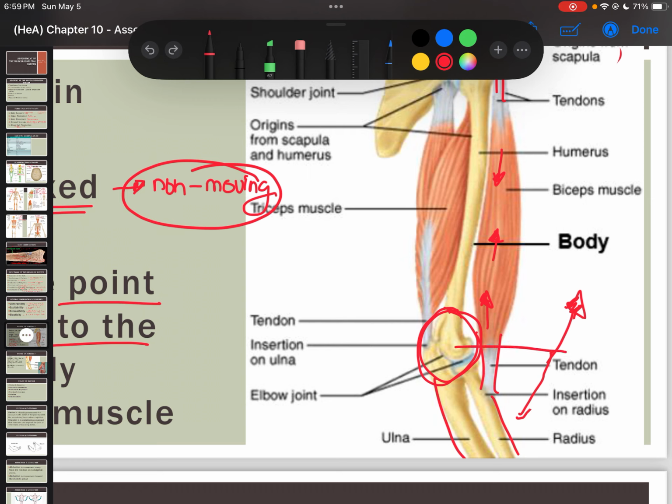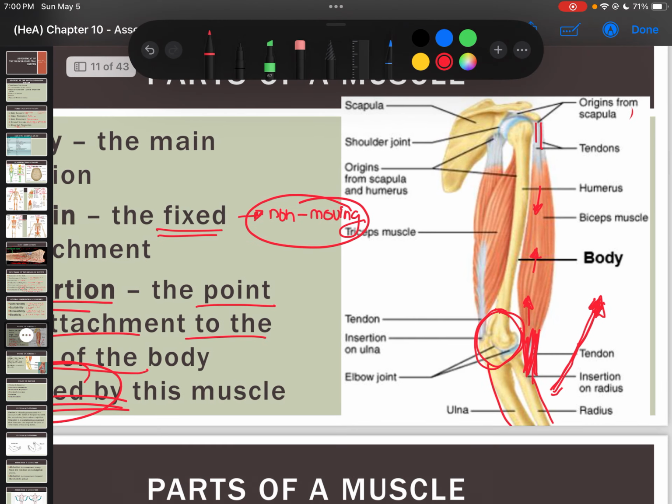Our joint, class, allows the bones to move. So, because it is being pulled by the muscle at the insertion point, it will flex. And because this moves, obviously, this one will compress. Compression.